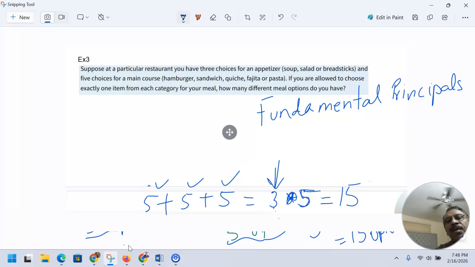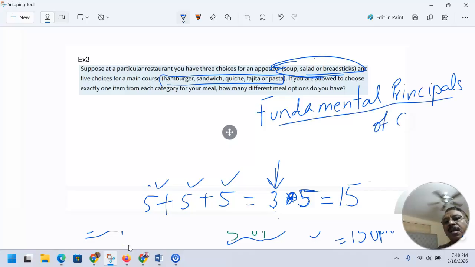So in the first case there were three options, and after that you had five options. What the fundamental principle of counting says is that instead of drawing and showing all the work, we can directly say how many different options there are.